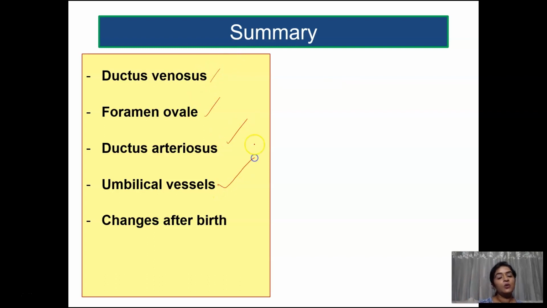Then you have the umbilical vessels which carry blood to and from the placenta, because the placenta acts as an organ of purification or oxygenation since the lung is not functional. After birth, these structures disappear, leaving a remnant inside the body of the baby. So we have seen all the remnants as well.